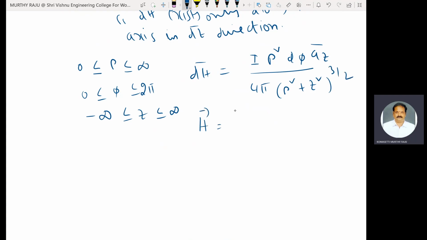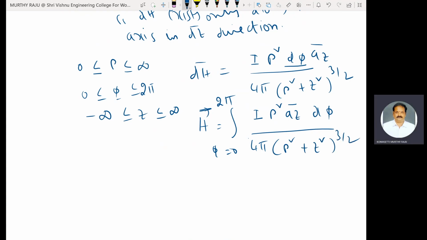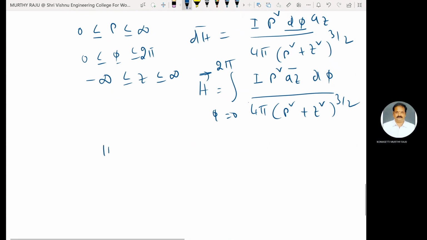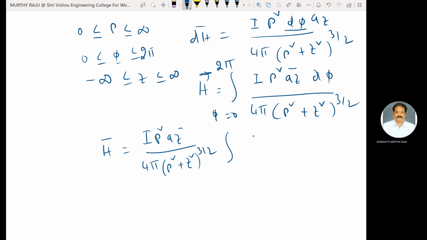So H bar is the integral, where d phi is there, so we use the phi limits, phi equals 0 to 2 pi, of I rho square a z bar d phi by 4 pi into rho square plus z square whole power 3 by 2, along the a z direction only.